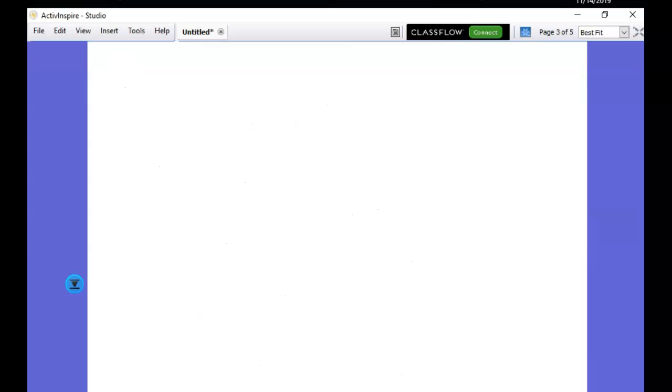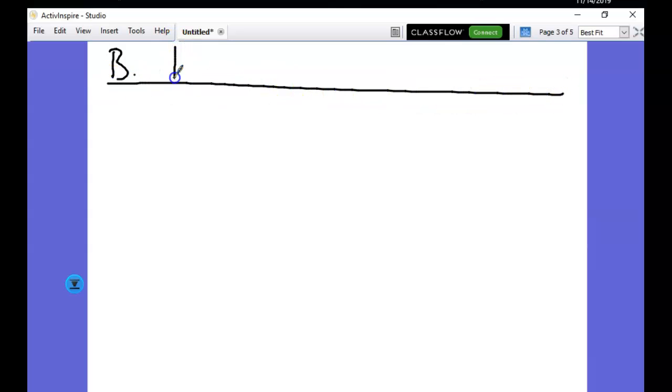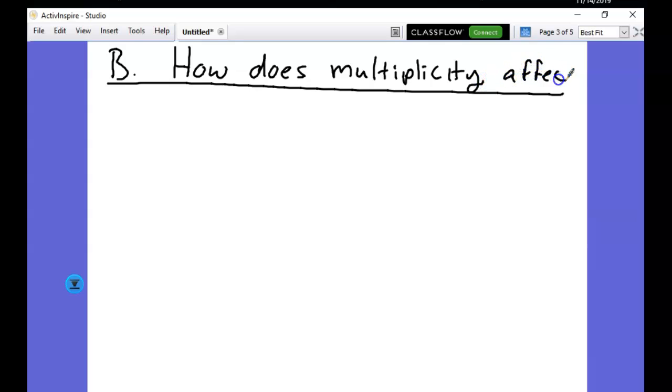Let's go ahead and see what the effect of multiplicity is on a graph. How does multiplicity affect a graph? What I'm going to do is make a polynomial here.